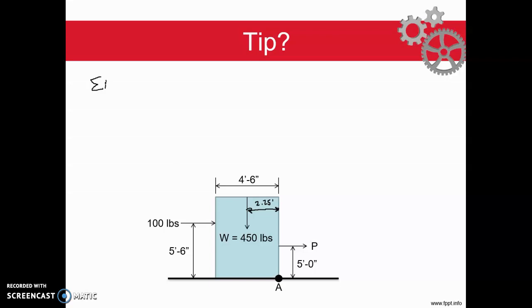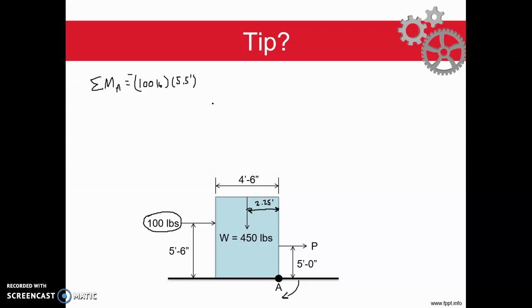So let's sum the moments about point A. They include the 100-pound force, which is going to be multiplied by its moment arm distance of 5.5. It's going to cause clockwise rotation, and that is negative according to our sign convention.